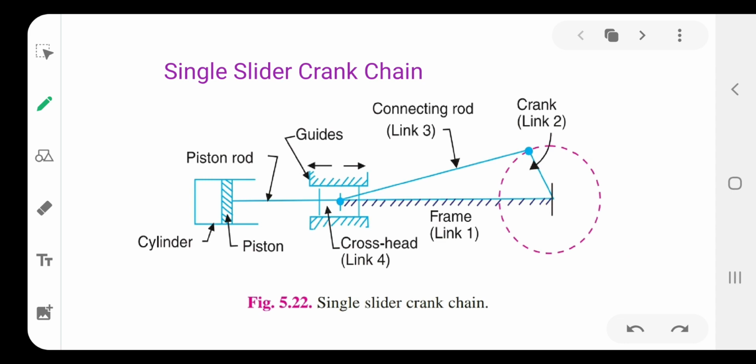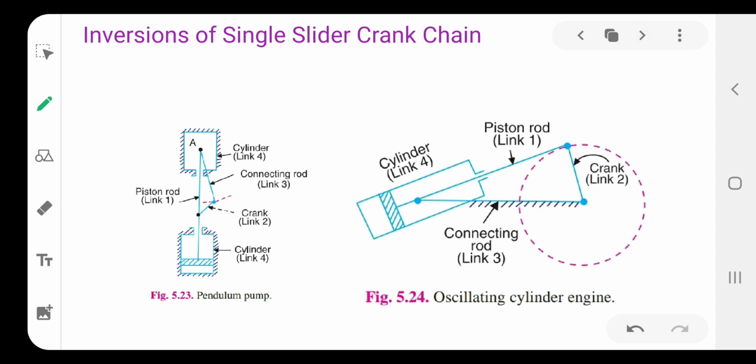So moving forward towards the inversions of this mechanism. The first inversion is the pendulum pump. In this pendulum pump, the crank is assembled with the connecting rod and piston rod. Crank is link number 2. Here link number 4 is a cylinder and it is fixed.